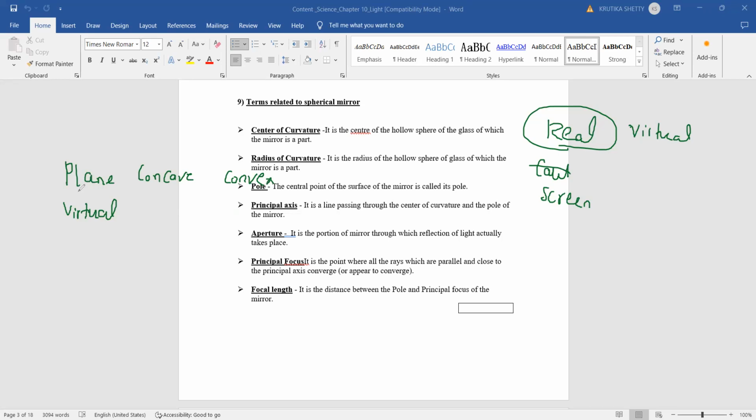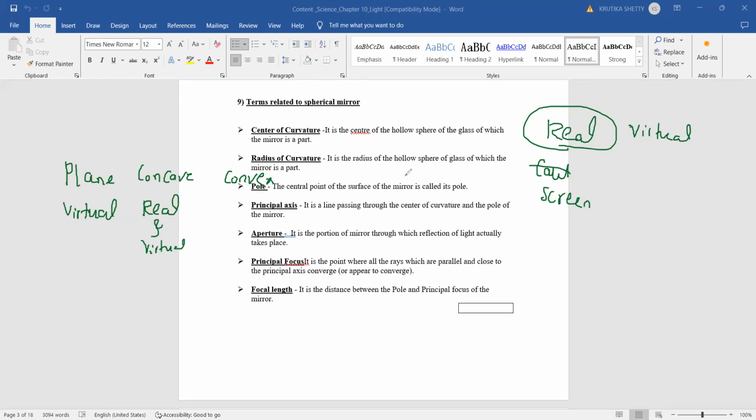So remember the difference between plane, concave and convex mirrors. In case of the plane mirror, the image formed is always virtual. Second, in case of the concave mirror, the image formed is real and virtual. In your book they say the image is real, except when the object is very close to the mirror.